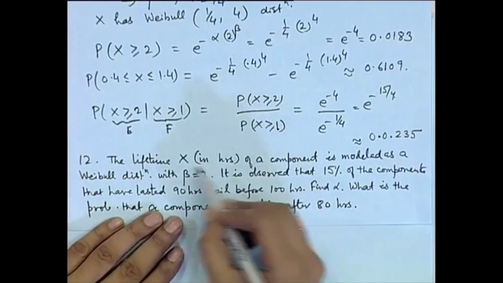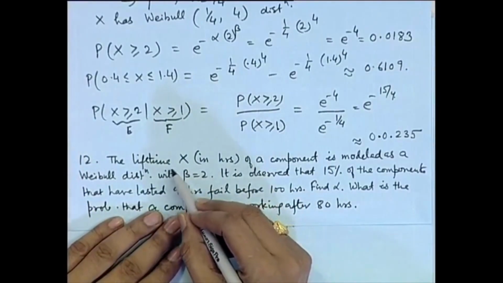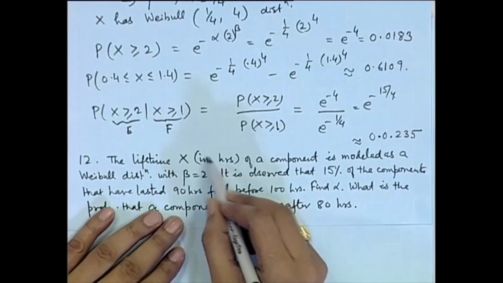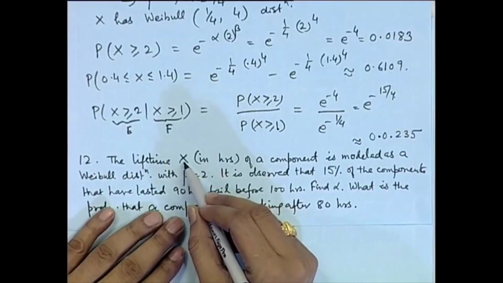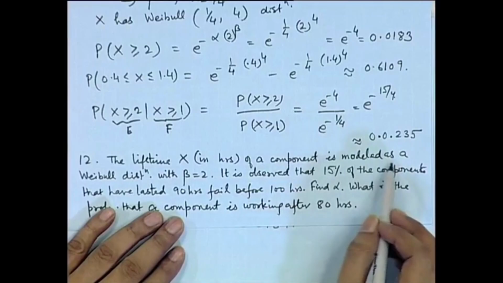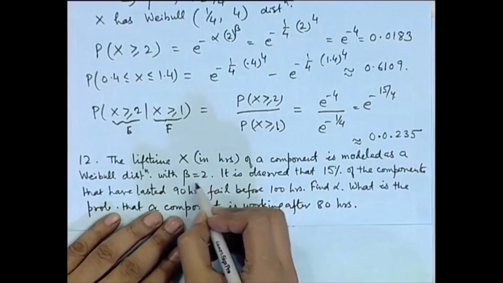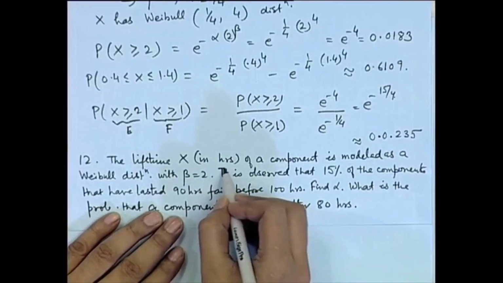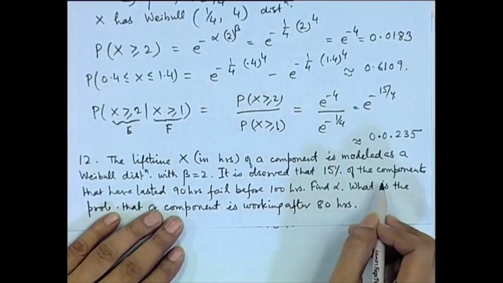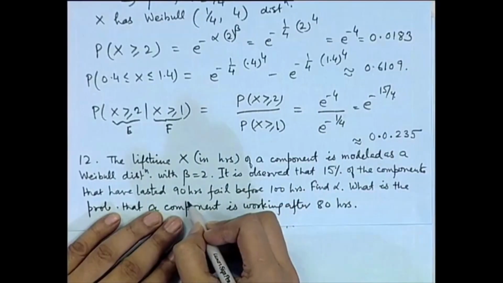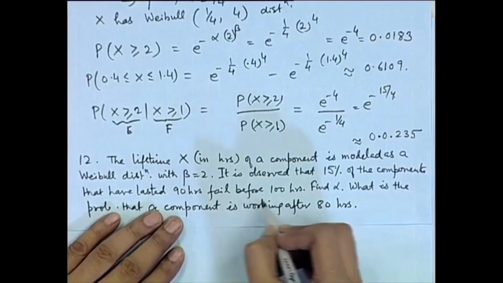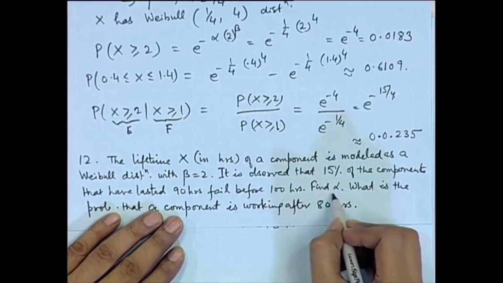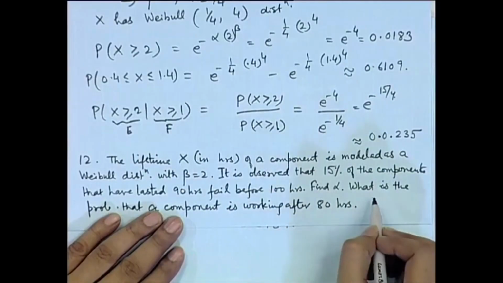Let us look at another application of Weibull distribution. So, life in hours, which we denote by the random variable x, of a component is modeled as a Weibull distribution with beta equal to 2. It is observed that 15% of the components that have lasted 90 hours fail before 100 hours. Find the value of alpha.